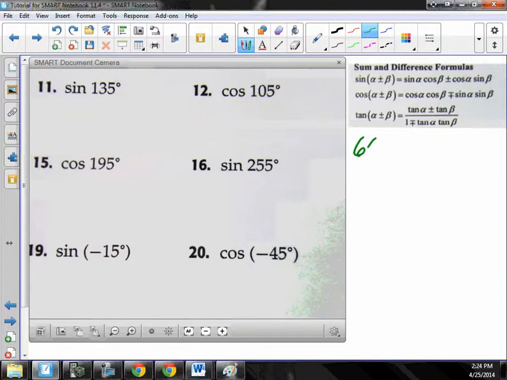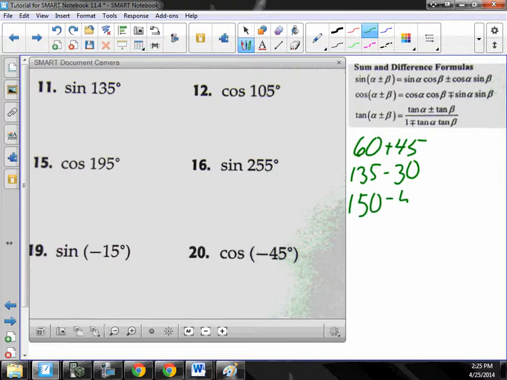So we could do 60 plus 45, or 135 minus 30, or 150 minus 45. There are lots of them. Doesn't matter which one you use.